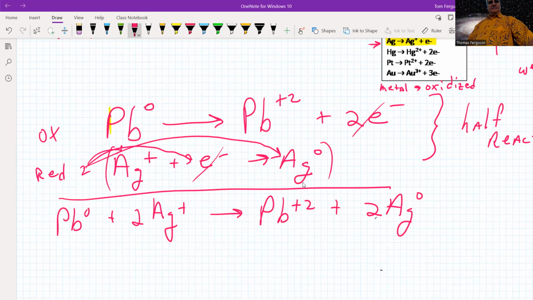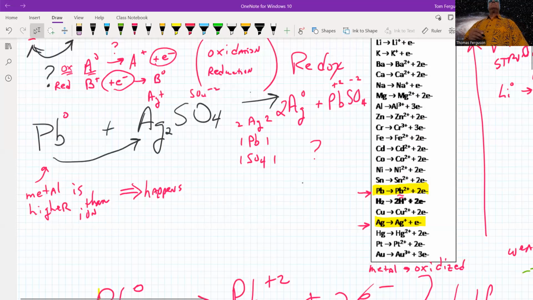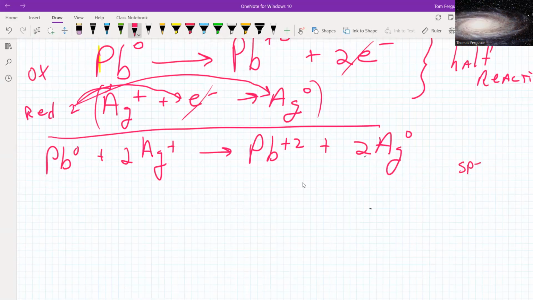Now, what's missing with this? Exactly. I didn't mention sulfate at all. Sulfate is what's called a spectator ion. In other words, it doesn't do anything. It's like if you're a spectator at a sport, you don't play, you just observe.